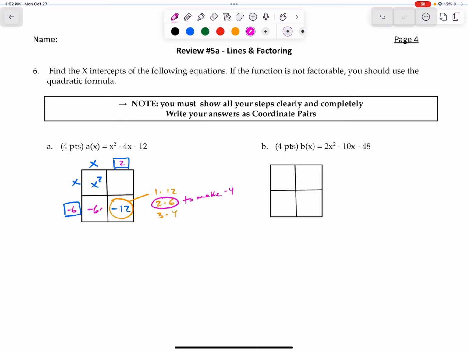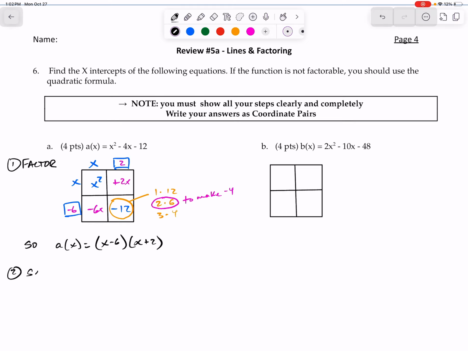So I'll get negative 6x, positive 2x. That works, right? They add to negative 4. So that means a of x really equals x minus 6 times x plus 2. So this was step 1, factor.